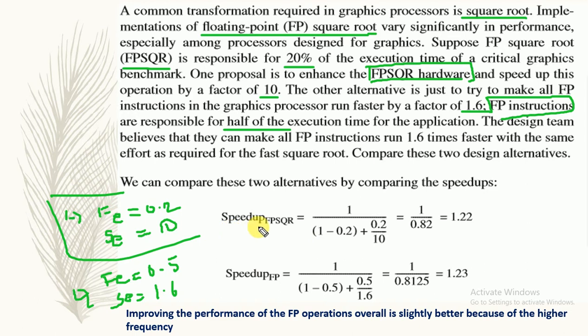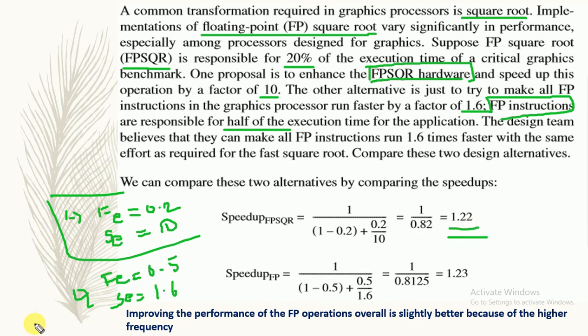So the speed up of a system that uses FPSQR is equal to the speed up due to adding enhancement on FPSQR, equal to 1 divided by (1 minus fraction enhanced 0.2, plus fraction enhanced 0.2 divided by speed up enhanced 10), which is equivalent to 1 divided by 0.82, which is equivalent to 1.22.